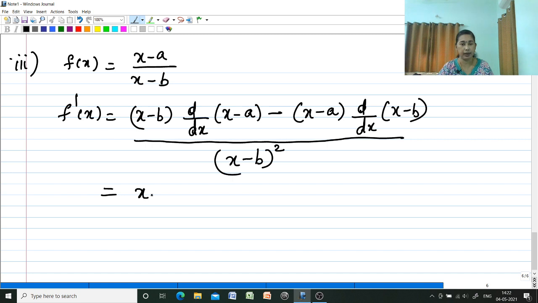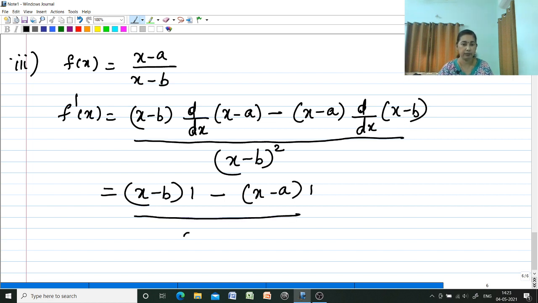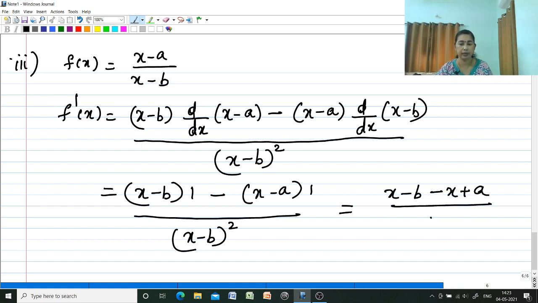That is equal to x minus b into derivative of x minus a is 1, because derivative of a is 0, derivative of x is 1, minus x minus a into derivative of x minus b is again 1, whole divided by x minus b whole square, and that is equal to x minus b minus x plus a whole divided by x minus b whole square. x and minus x getting cancelled, answer will be a minus b by x minus b whole square.